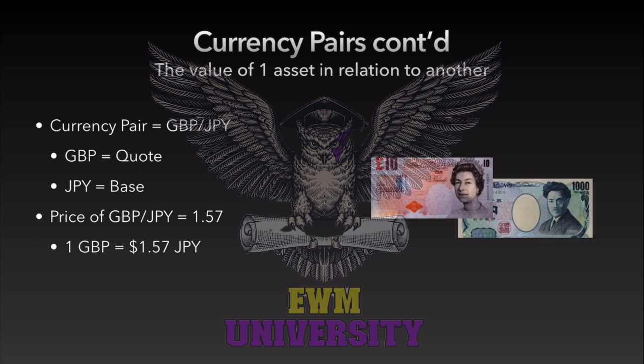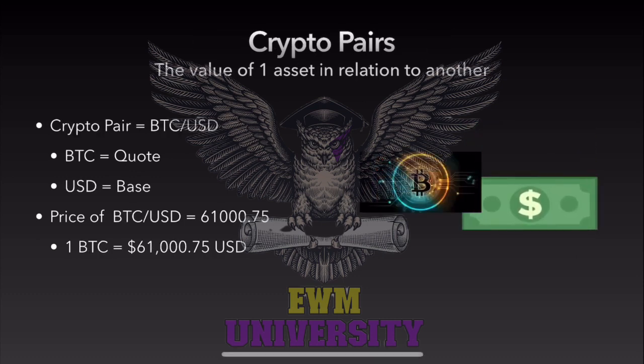So when we read the price of GBP JPY is equal to 1.57, what we're actually saying is that 1 Great British Pound is equivalent to 1.57 Japanese yen. These same concepts, guys, over and over again. You're going to see it understood and read across all of these different markets.